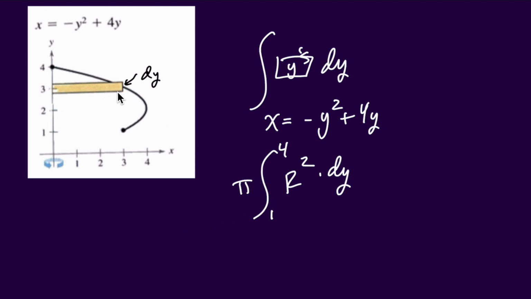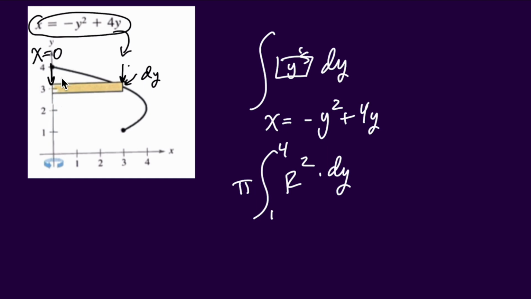Next, we're going to determine the length of that radius. The length of the radius is going to be this right function minus the left function, both of whom are solved for x. The y-axis is going to be x equals 0. This point here is going to be our function already solved for x.